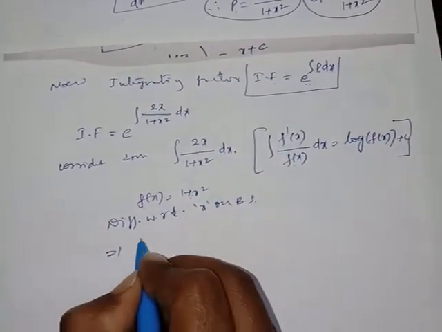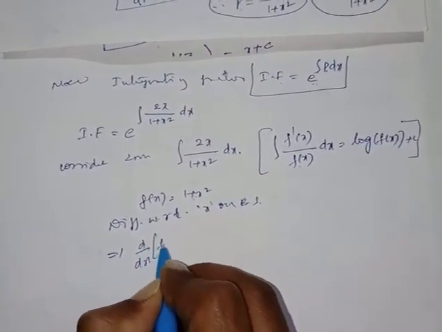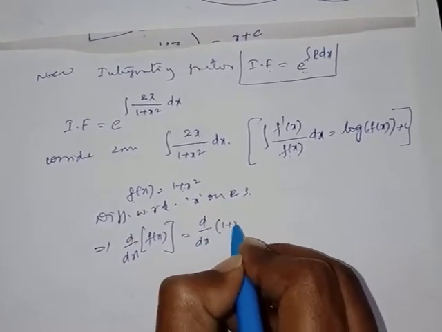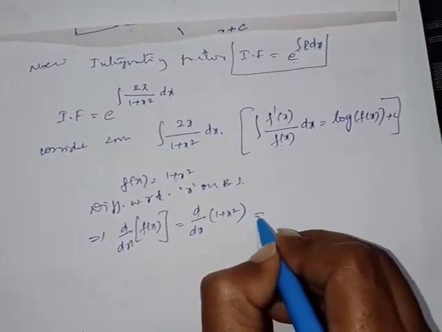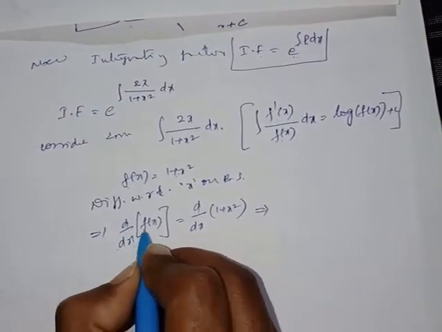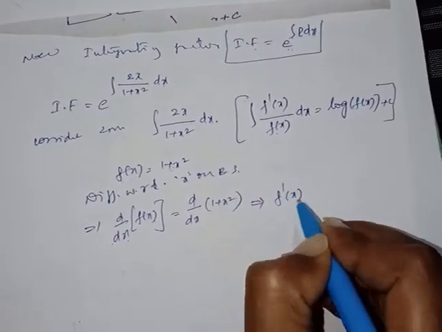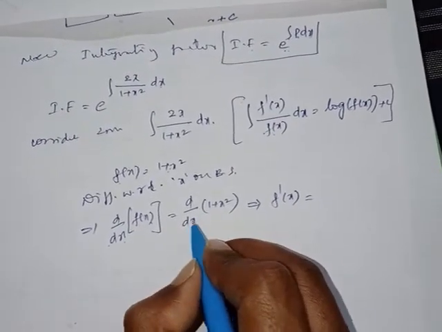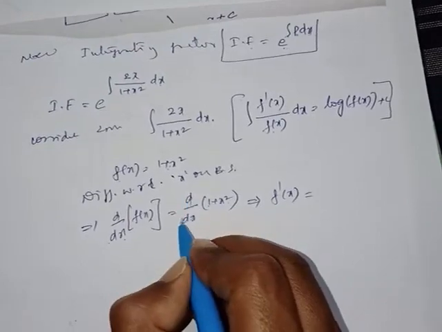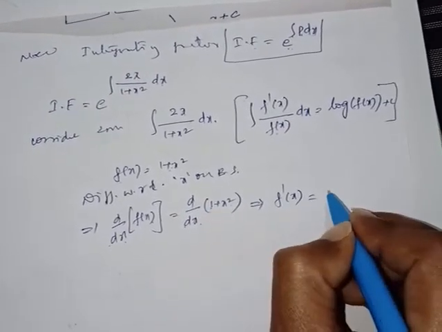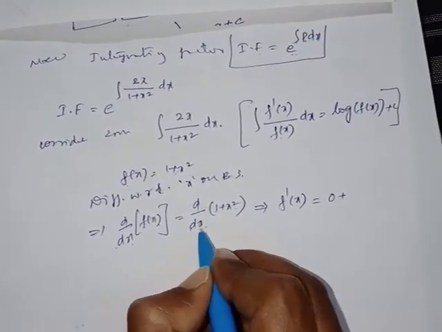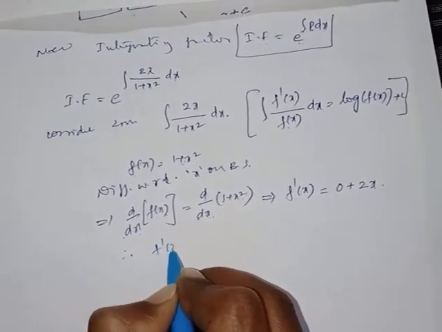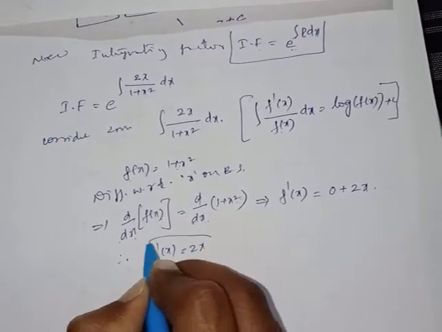That is f'(x), the first derivative. Split the differentiation: d/dx of the constant 1 is 0, plus d/dx of x² is 2x. Therefore f'(x) = 2x.